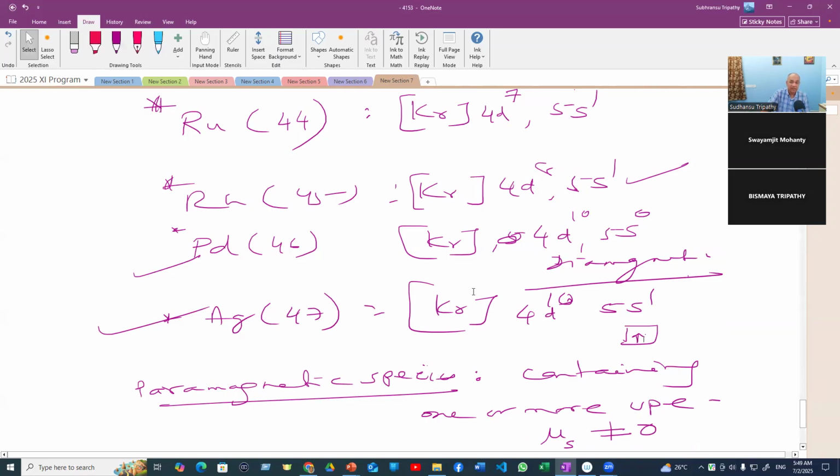But copper, being smaller in size, can give +1 and +2 both easily. Rather, the +2 state is more stable in aqueous solution, because of hydration energy. When an ion is formed inside water, it is hydrated, surrounded by a lot of water molecules, and the attraction produces a lot of energy, called the hydration enthalpy.